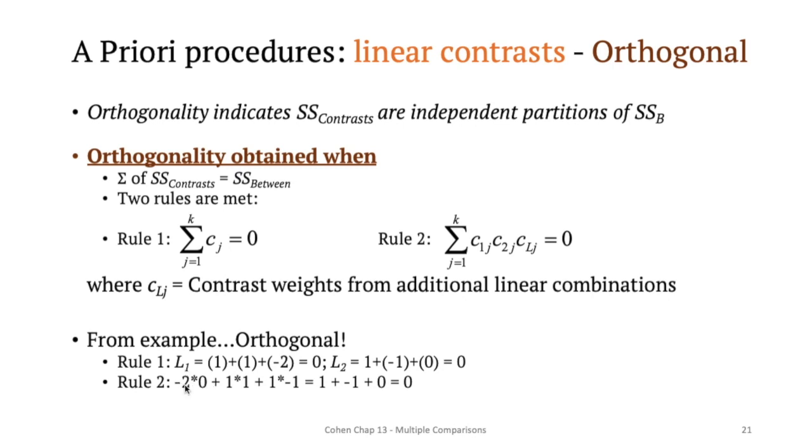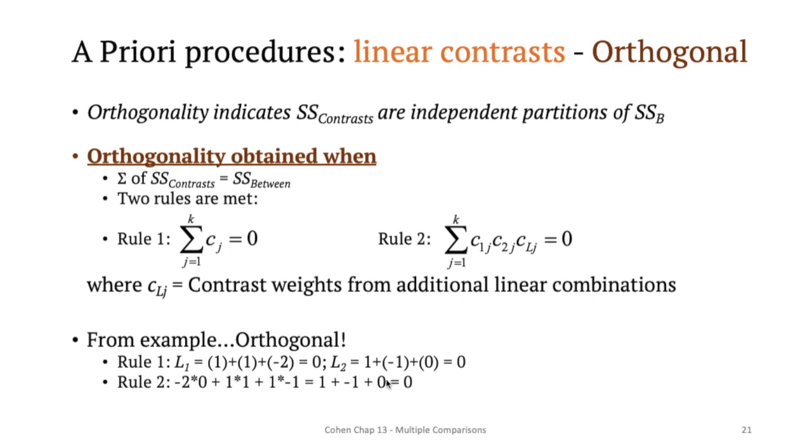For the first mean, in L1, the weight was -2. For L2, it was 0 for that specific mean. For the mean of group 2, the moderate noise, it was a 1 in this one and a 1 in this one. And for the third mean, it was a 1 in this one and a -1 in this one.